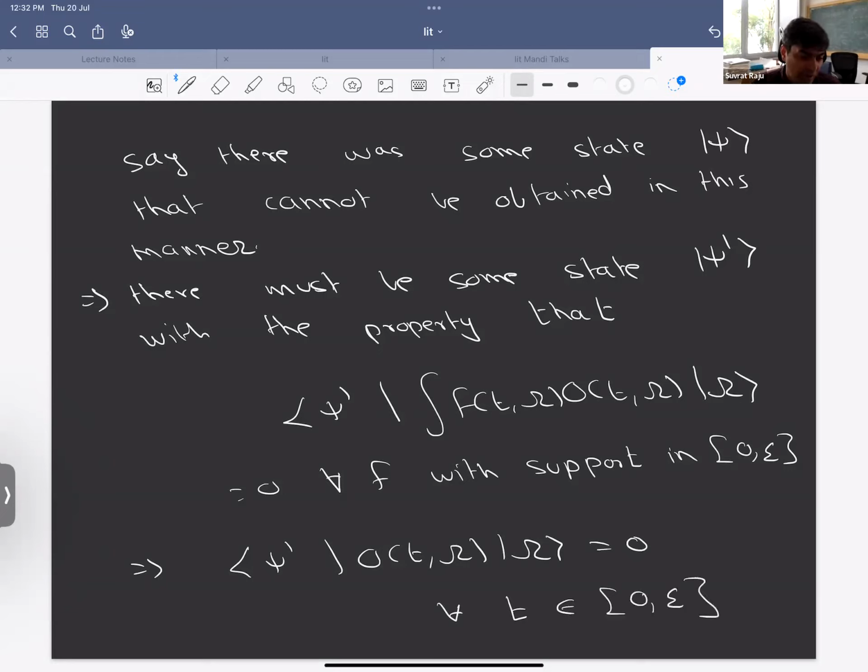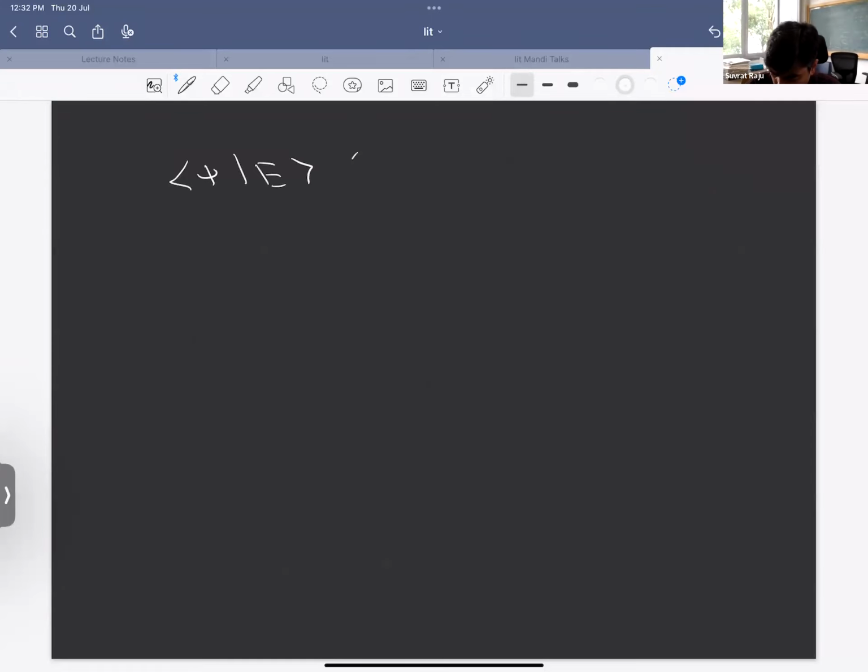Okay. This means that the matrix element of these operators O, when t takes the value between 0 to epsilon, between the vacuum and the state psi prime, must be 0. However, now notice that you can write this matrix element in this way by inserting a complete set of energy eigenstates.